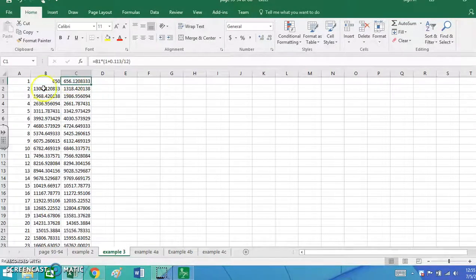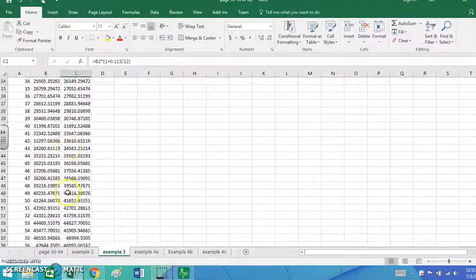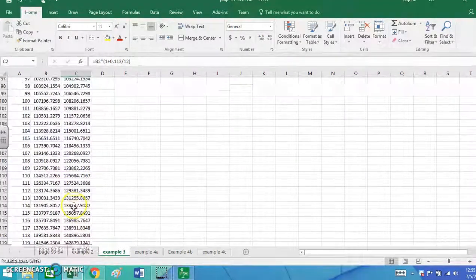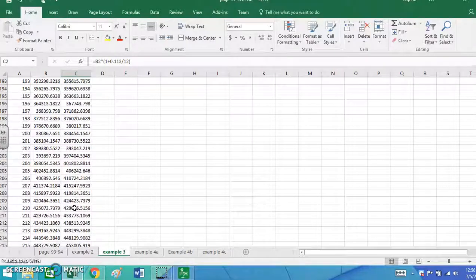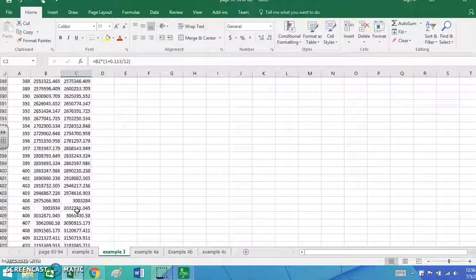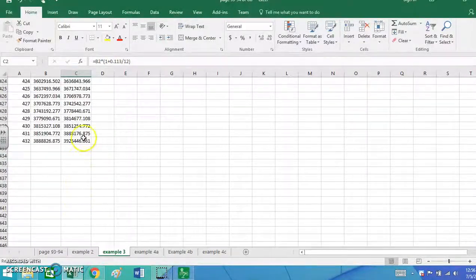So I had the $656 down here plus the $650. I got interest on that, and I keep doing this, and at the end of, I forget how many years it was, at the end of 36 years, which is a whole lot of payments, here we have 432 payments, I end up with the 3,888,000 that we had talked about.